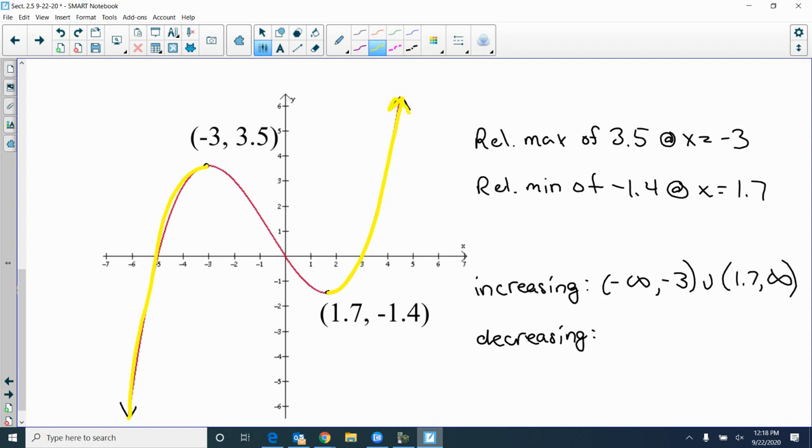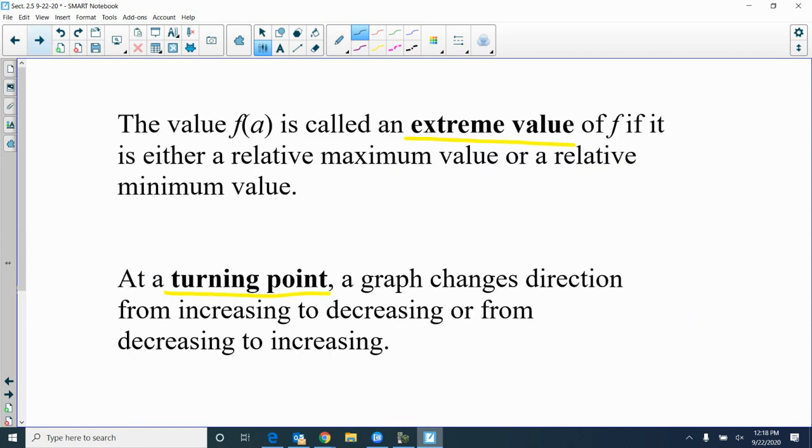So Nathan Popio, where's it decreasing on? -3 to 1.7. Good. -3 to 1.7. All right, now we talked relative max, relative mins. We can also have some different terms for them, as you see below there.